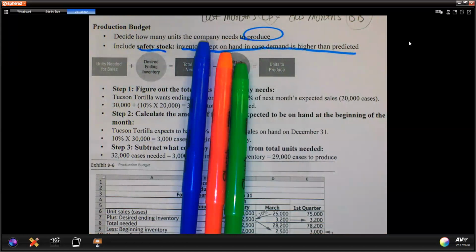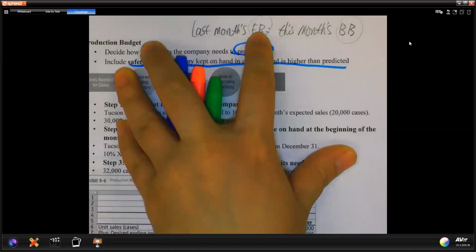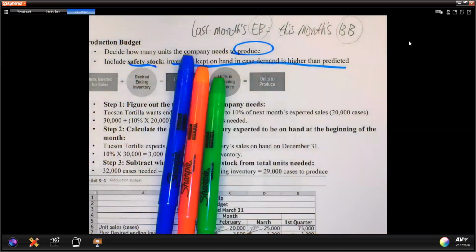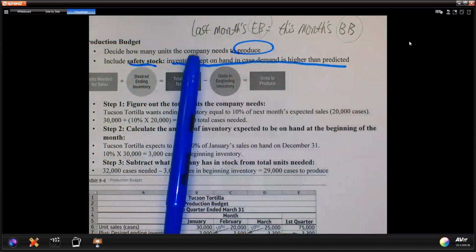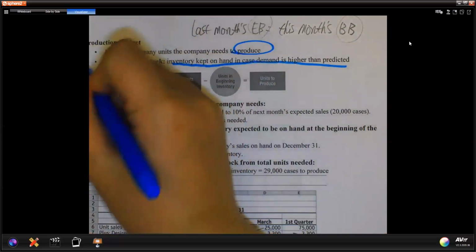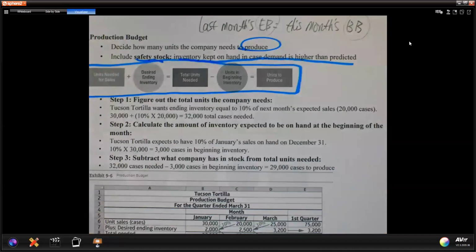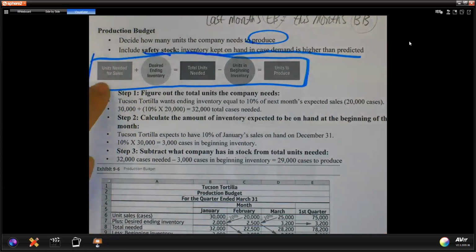Because your last month's ending inventory is this month's beginning inventory. We said last month you still have 2 units, so the only units you need to produce this month is just 1 unit. This is why your production is not the same as your sales: you have beginning inventory, we also have an ending inventory, and the last month's ending inventory is this month's beginning inventory.